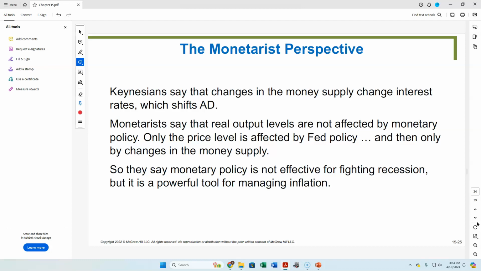What the monetarists believe is that monetary policy doesn't really affect output levels, meaning changing the money supply doesn't change output levels. All that changing the money supply does is change the price level, meaning that it either causes inflation or not.